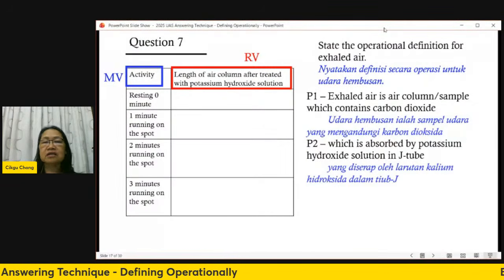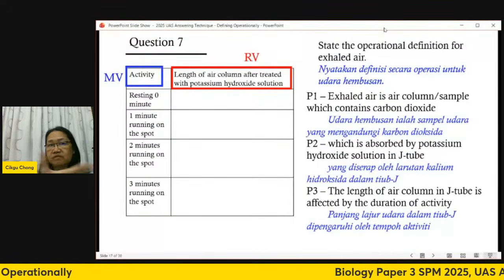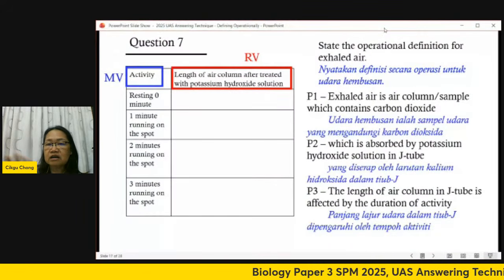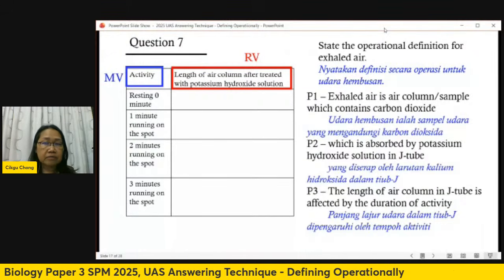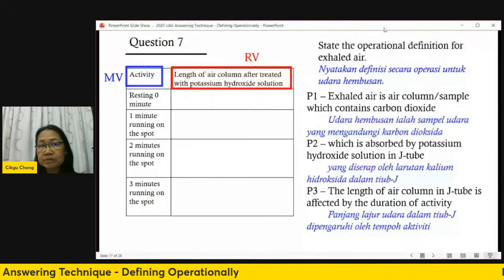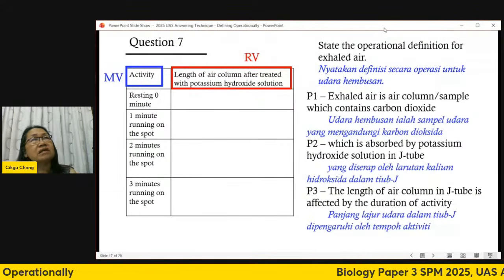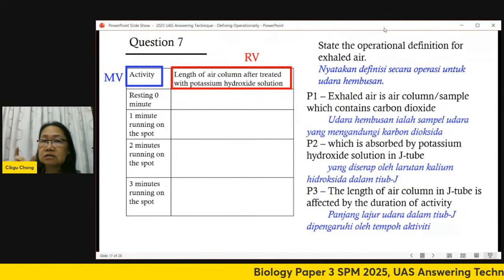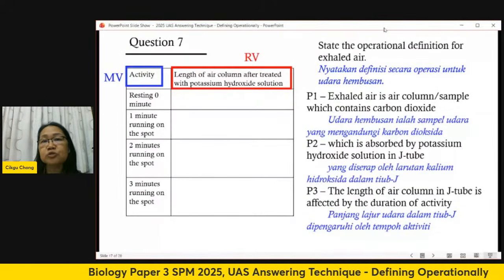Then point 3, it is affected. The length of the air column is affected by the duration of the activity. That means the time, see, 0, 1, 2, 3. That is the time used to carry out the activity, not the type of activity, because running on the spot is the same. It is not the type of activity, rather the duration.